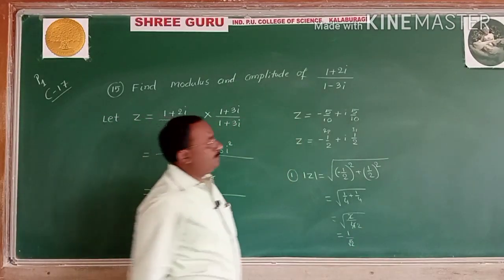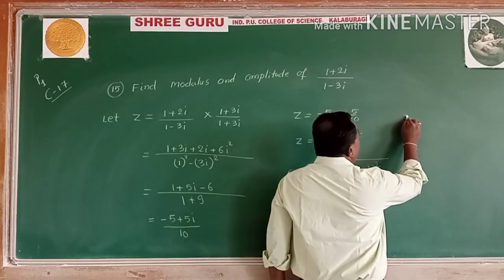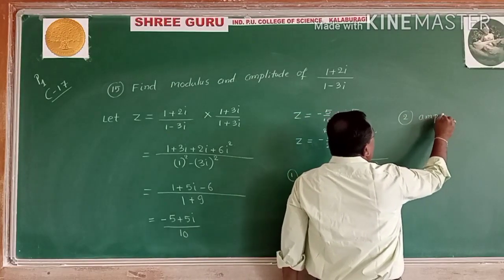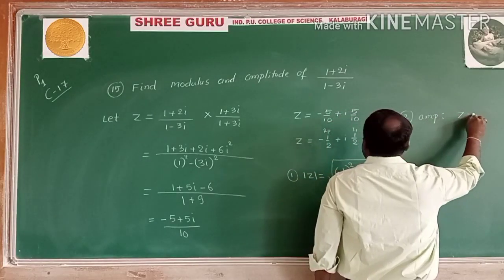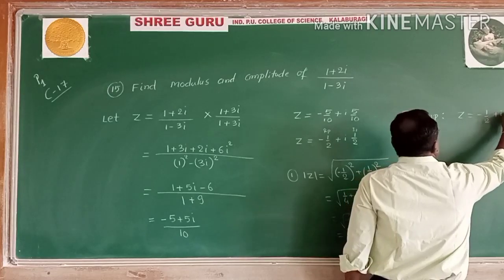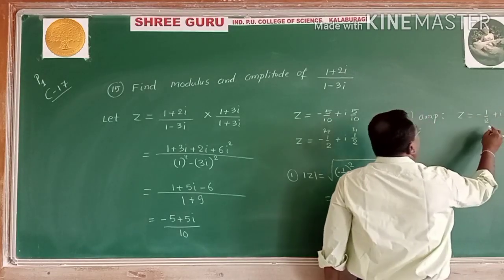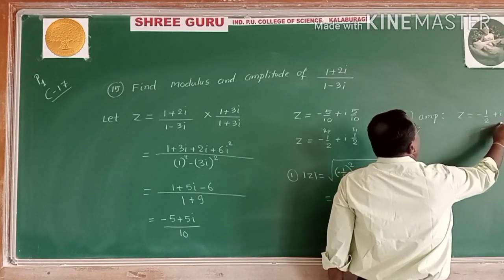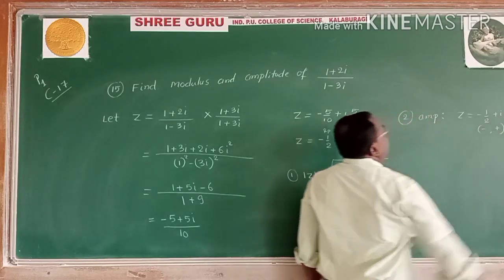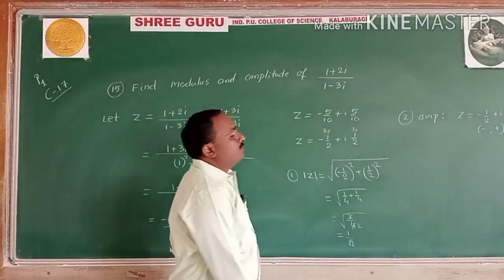To find the amplitude, second one: here z is equal to minus 1 by 2 plus i times 1 by 2. Negative, positive belongs to the second quadrant.